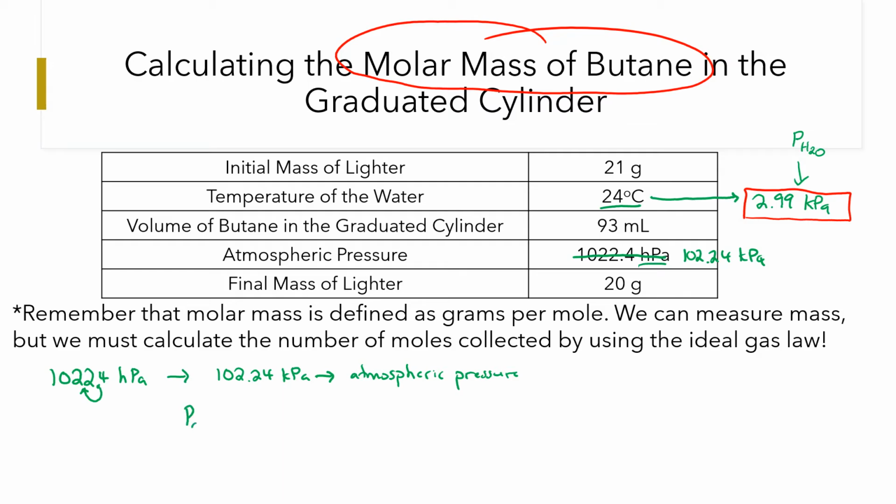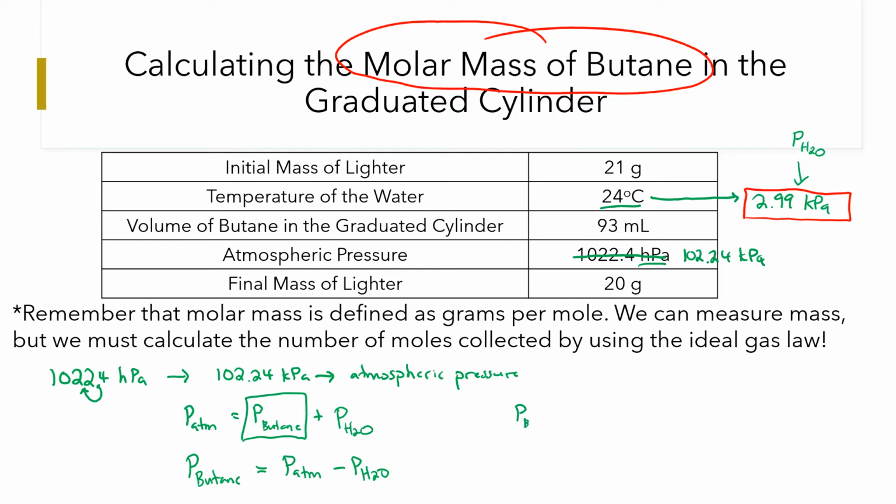We have atmospheric pressure equals the pressure of butane plus the pressure of my water vapor. So I'm going to get the pressure of butane by itself. That's the variable I'm looking for. So I subtract both sides by the water vapor pressure. And when I do, I rearrange my formula to get this here. So now I substitute.